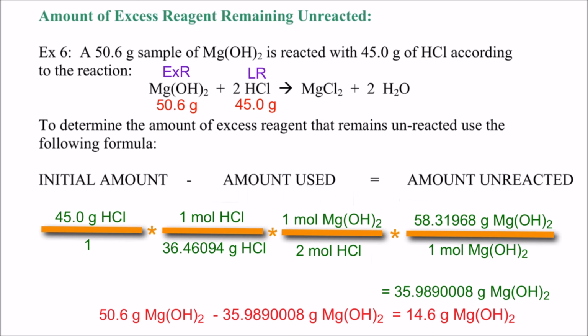You have to go through your stoichiometry in order to find out how much gets used up. And then you need to remember at the end of your stoichiometry, you did not find the amount left over, you found the amount used. So then you need to do your simple subtraction here to figure out how much remains unreacted.